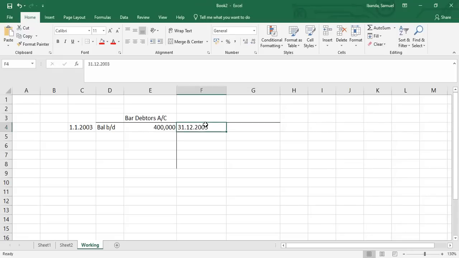Now, just for you to know that I record my balance brought down on this side and record the balance carried down on this side, okay? So that is how we record these balances. I'll even put it down here. So, sorry, let me just sort this out. Doesn't look funny.